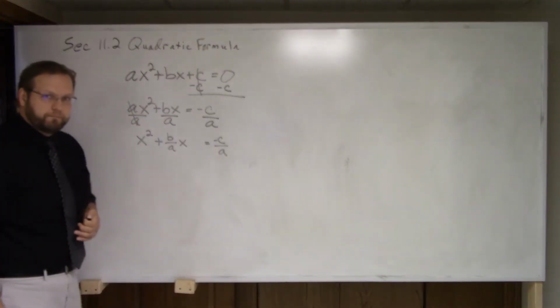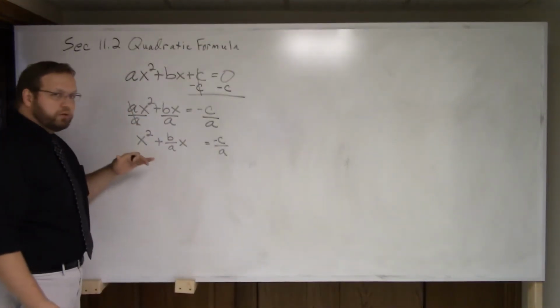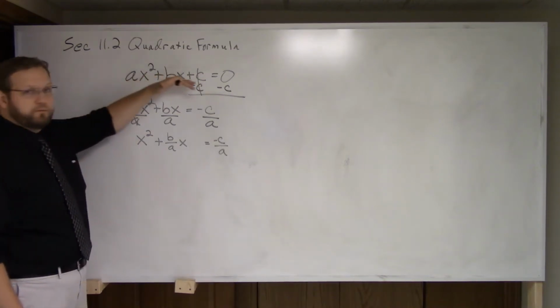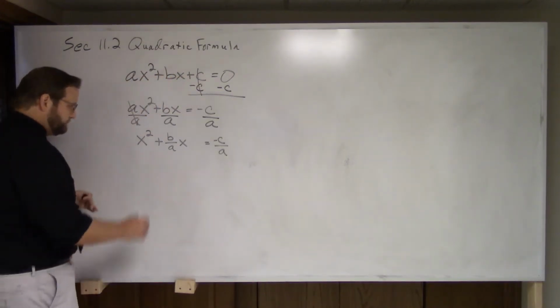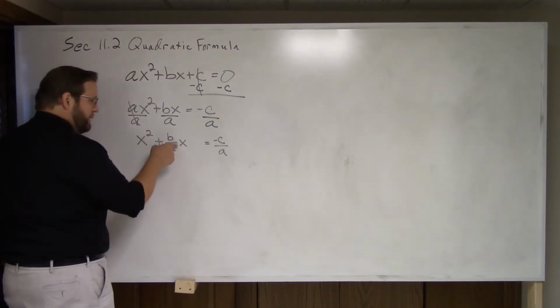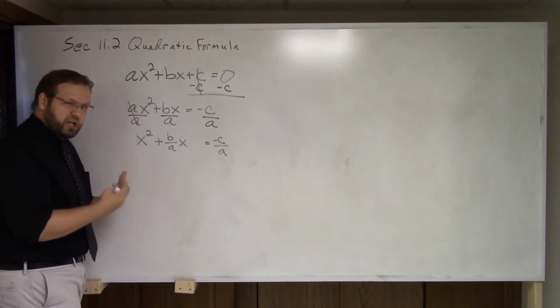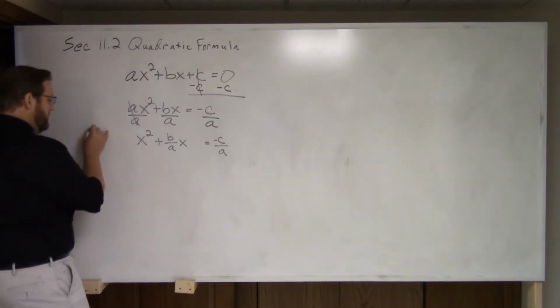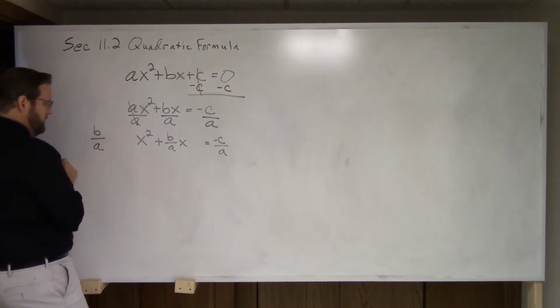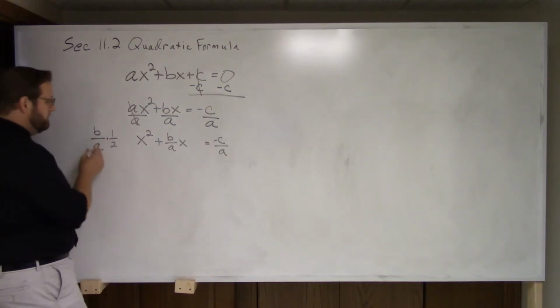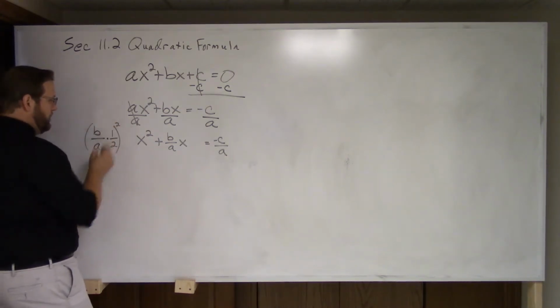And we're here. Again, what I'm trying to do is use completing the square to solve this general formula. Once I'm at this point, I would take this b value, which now is b over a. It's really the coefficient of x. And then I would multiply by a half, or divide by 2, and square it.